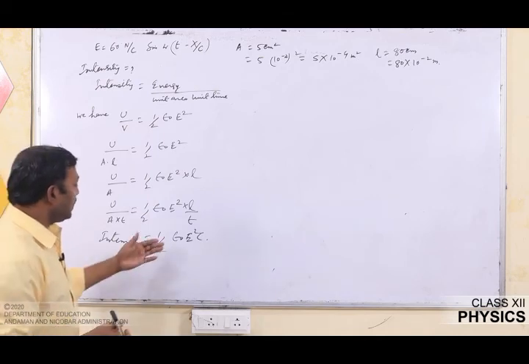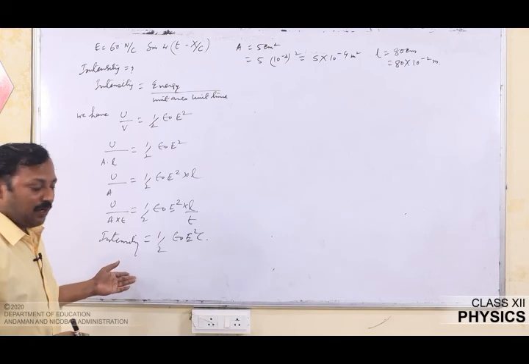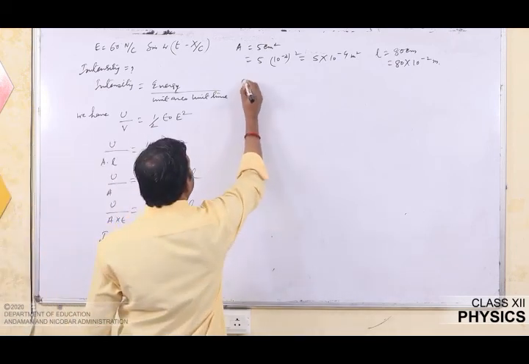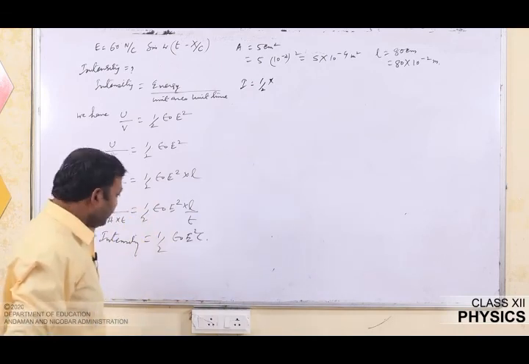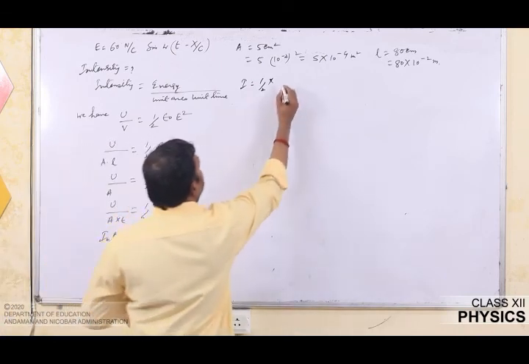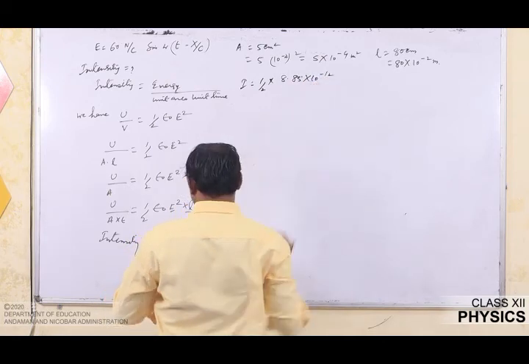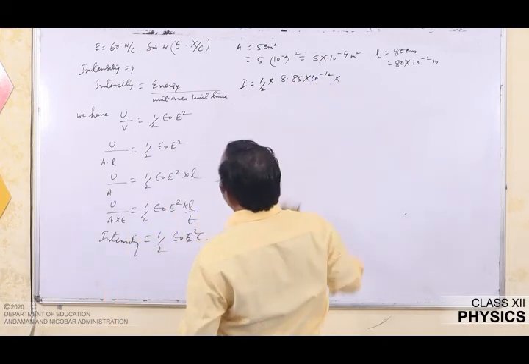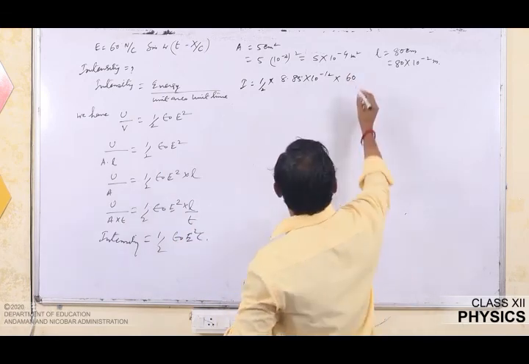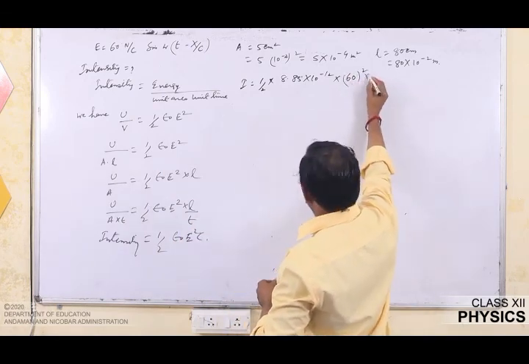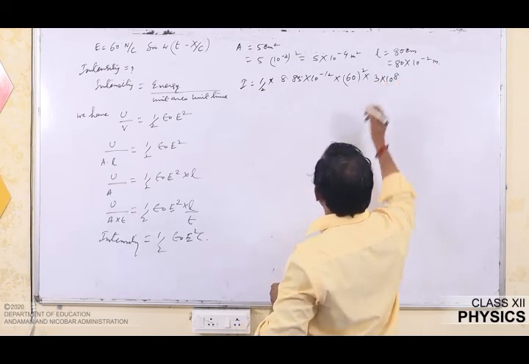Now, we will substitute the values of E, c as well as epsilon 0 to get the value of intensity. So, intensity I is equal to half multiplied by epsilon 0, which is 8.85 into 10 to the power minus 12, multiplied by the value of E we already have, which is 60, of course 60 square, multiplied by c, which is 3 into 10 to the power 8.